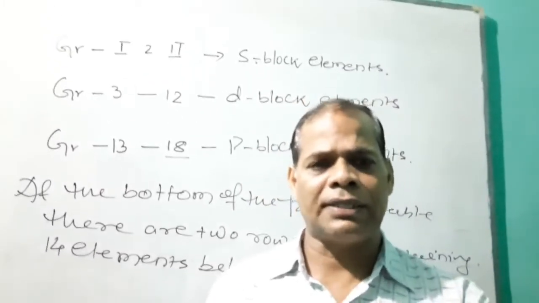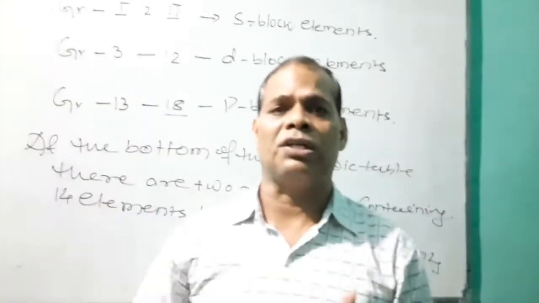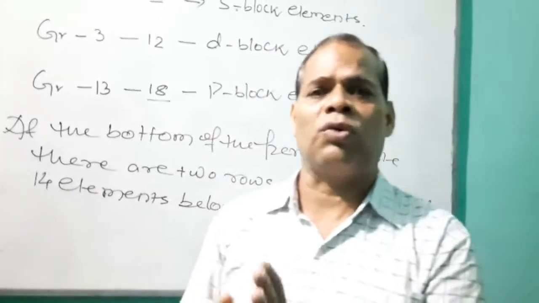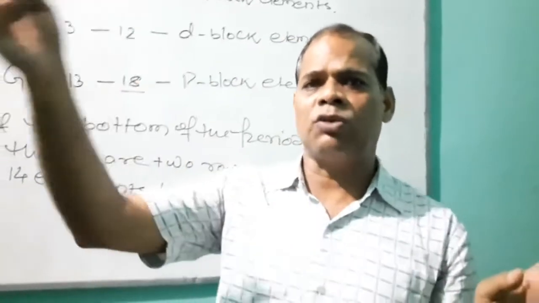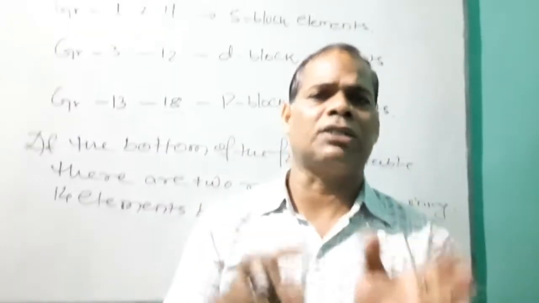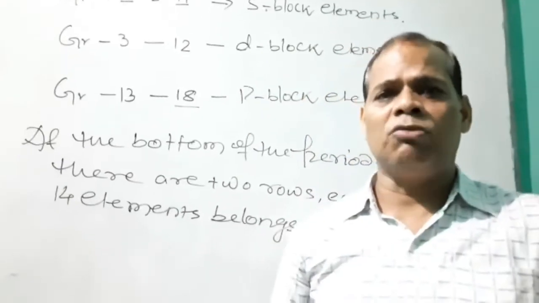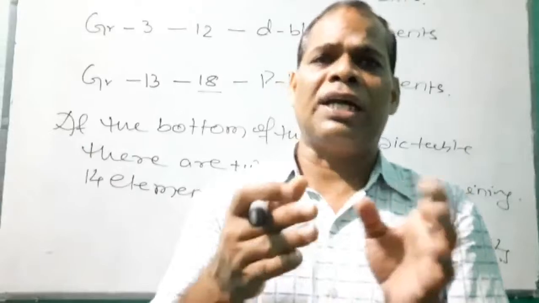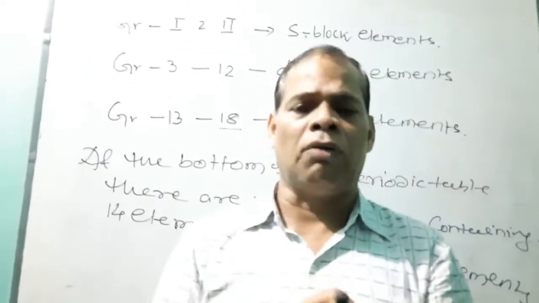For example, group 1 sodium combined with group 17 chlorine, NaCl, forms ionic compound sodium chloride. Similarly, group 2 magnesium combined with group 16 element oxygen forms magnesium oxide, an ionic compound. Group 13 aluminium combined with 17 chlorine forms AlCl3, which is also ionic compound.